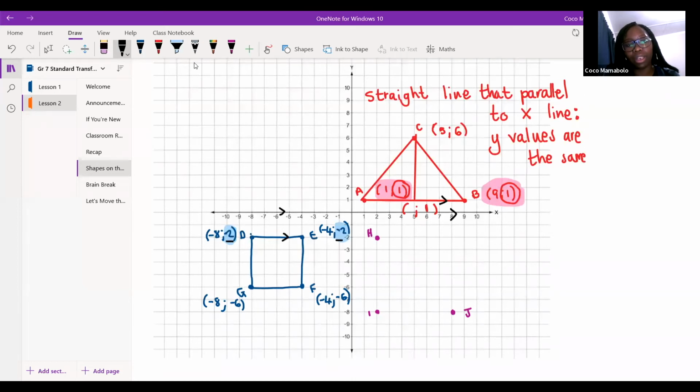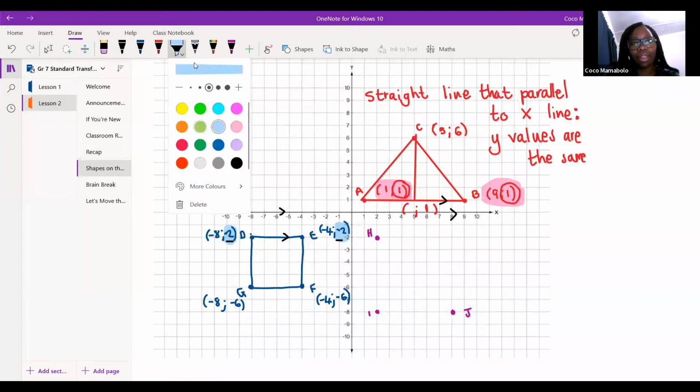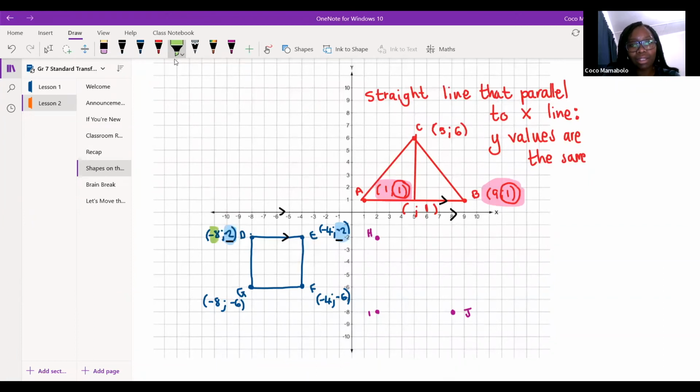They will all be what number? Well done, Mivuyo. They will all be -2. Look at this one. I have -8 and -2, and I have -4 and -2. The X values are different, but the Y values are the same.